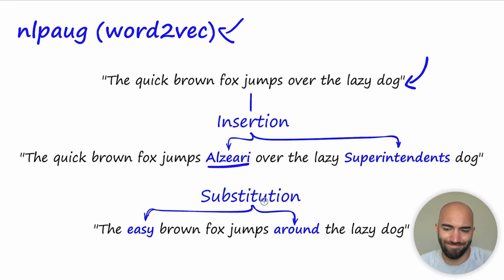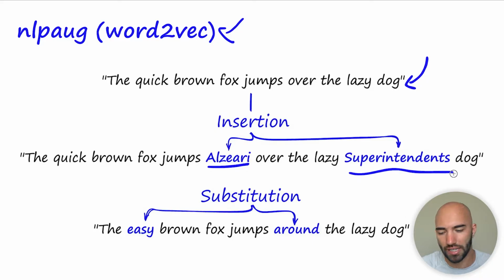I don't think that really fits there, so it's not great, it's not perfect. Lazy superintendent's dog, that does kind of make sense. I feel like a lazy superintendent's dog is maybe a stereotype, or I'm sure it's been in The Simpsons or something before. So okay, fair enough. I can see how that can fit in there, but again, it's a bit weird.